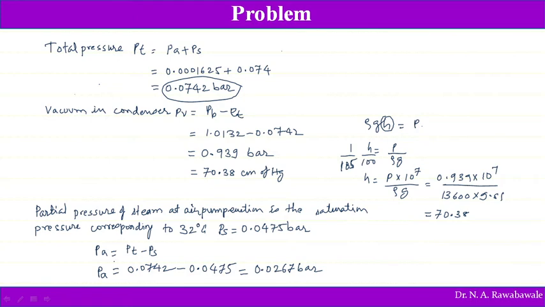So the volume of air at 32 degrees Celsius and pressure Pa equal to 0.0267 bar can be obtained.